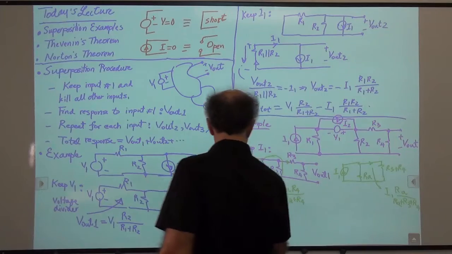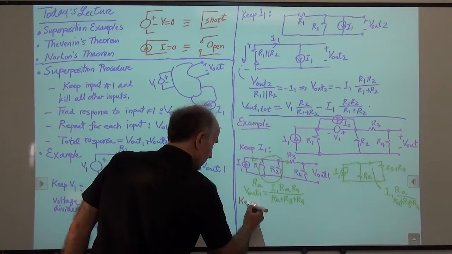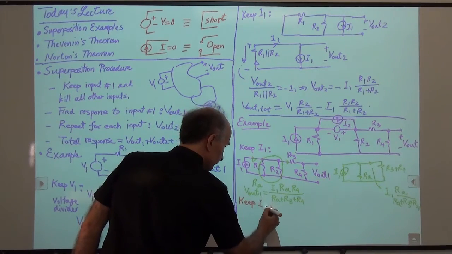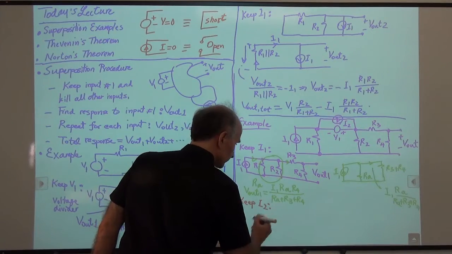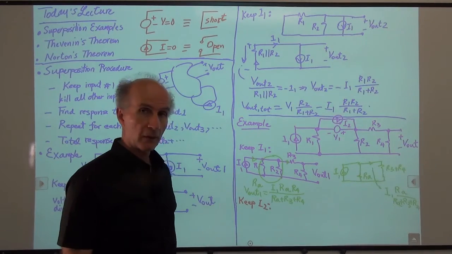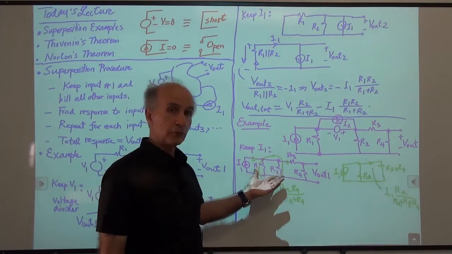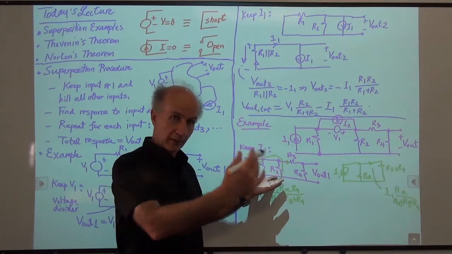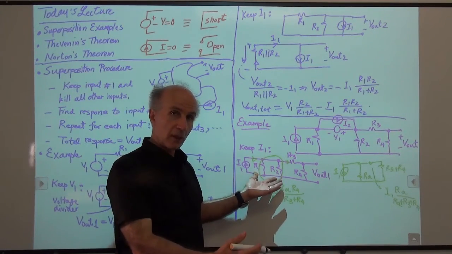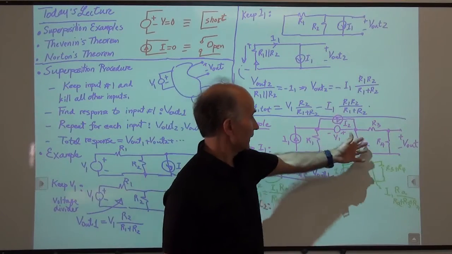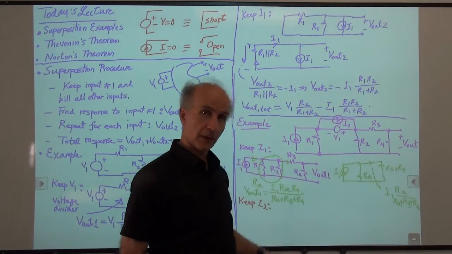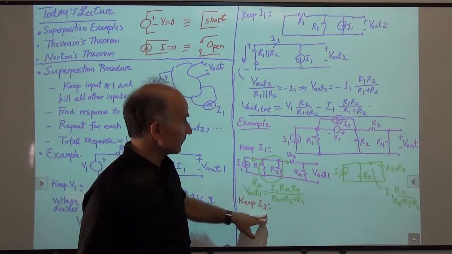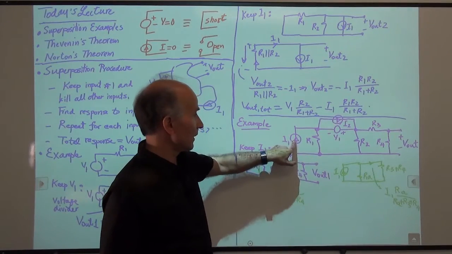So we keep I2. You can see that we really have to redraw the circuit after we set the rest of the inputs to 0. Otherwise, it's really hard to just look at the circuit and figure out all these things. So we keep I2. I2 is here. This one is set to 0.